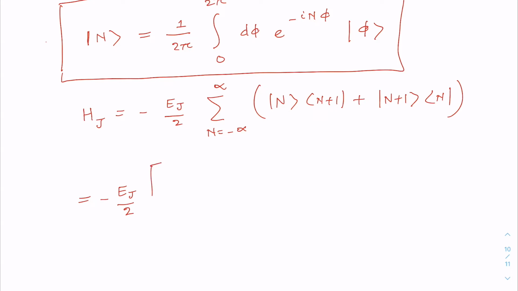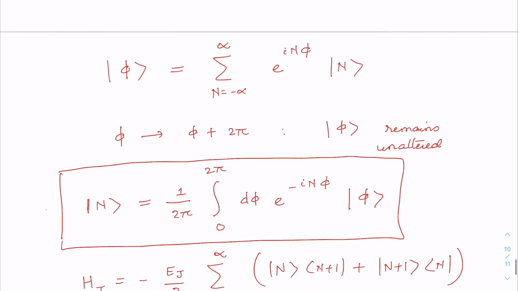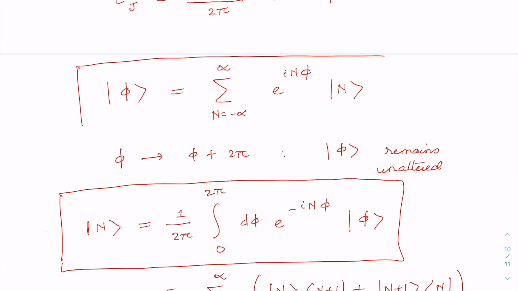It is E_J by 2. Now let me utilize this definition.